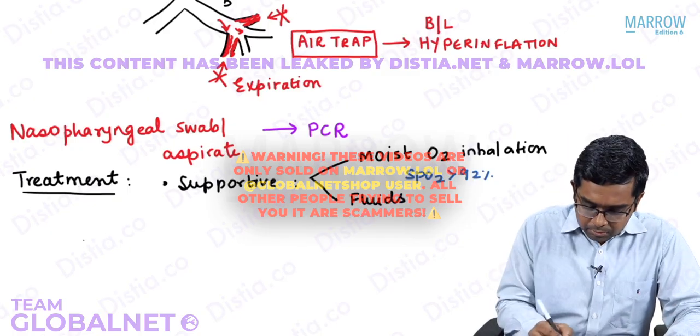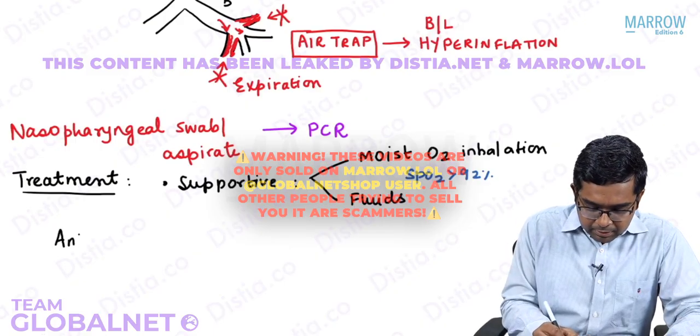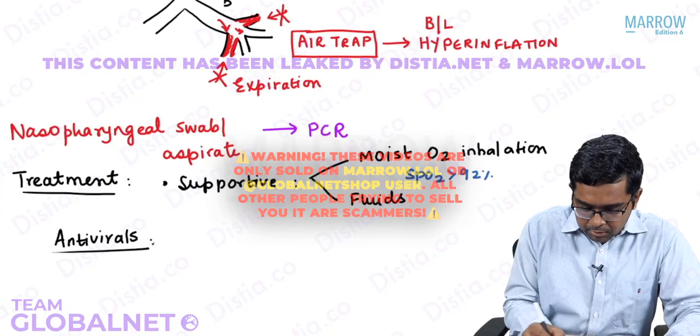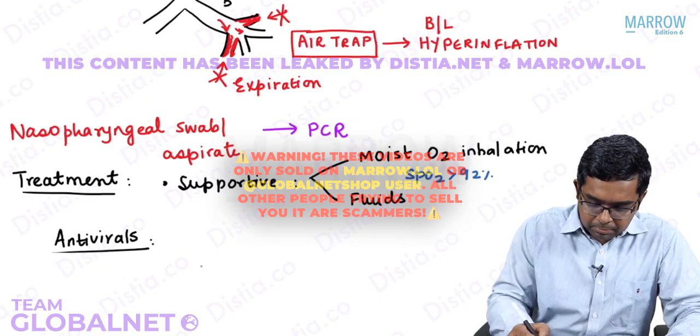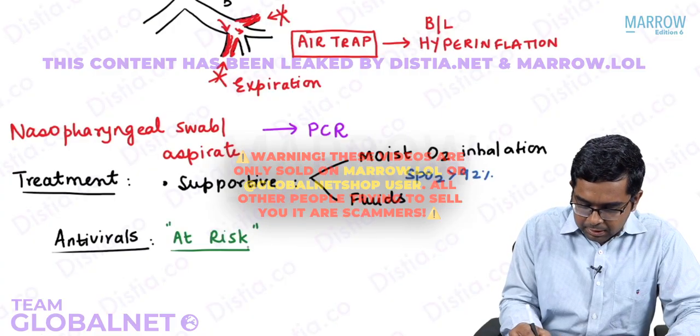Okay, right. Now, there are certain group of babies where you may need to give antiviral agents. These group of babies include what is called as at-risk babies. So what are these group of babies coming under the at-risk category?